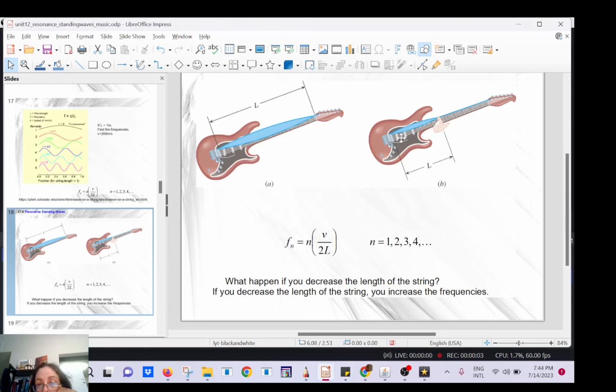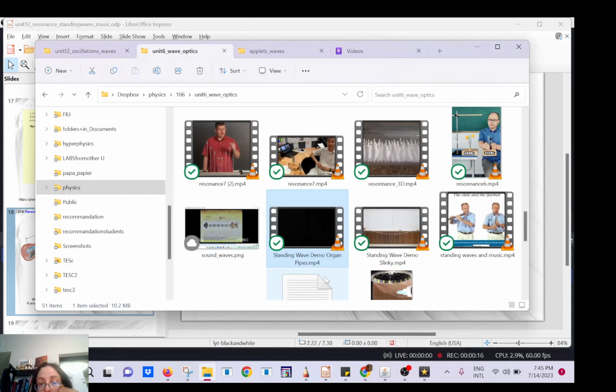So the shorter the length here, if this one is small, then the frequency will be higher. Longer means lower frequency. And this is true also for wind instruments. So I have a demo and I will show you where it comes from. And it's true also for organ pipes here.